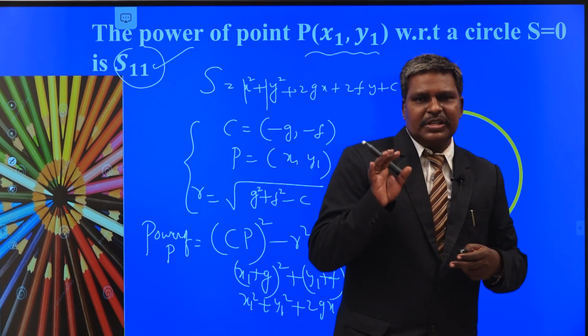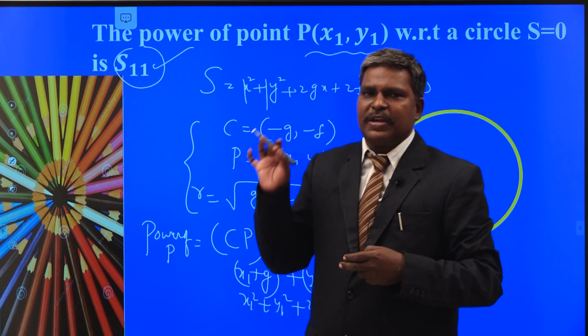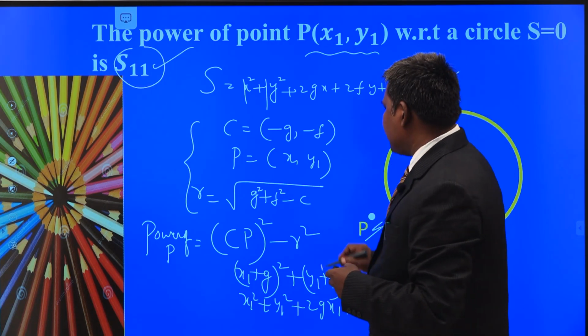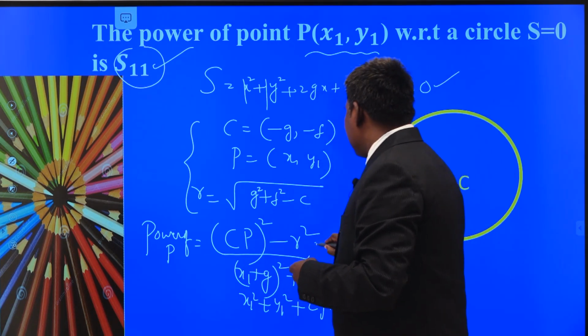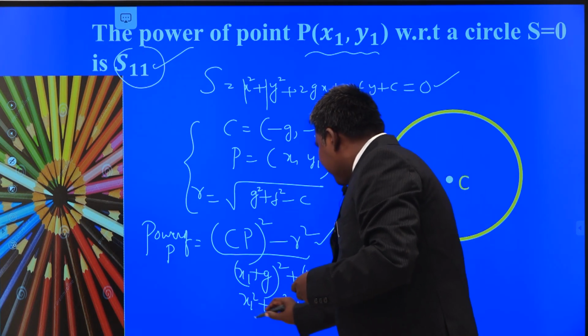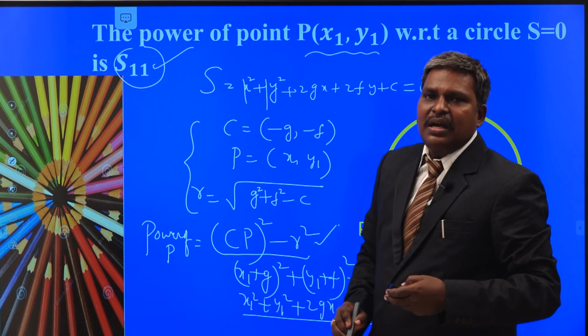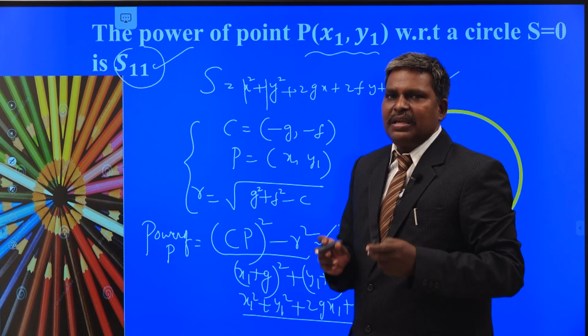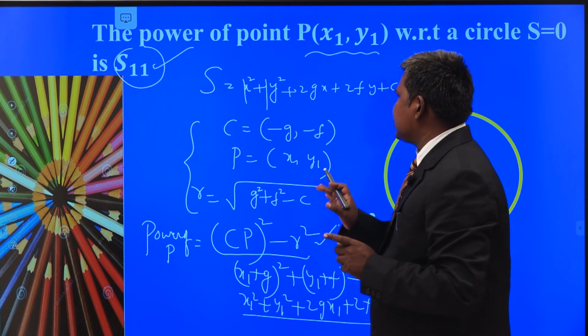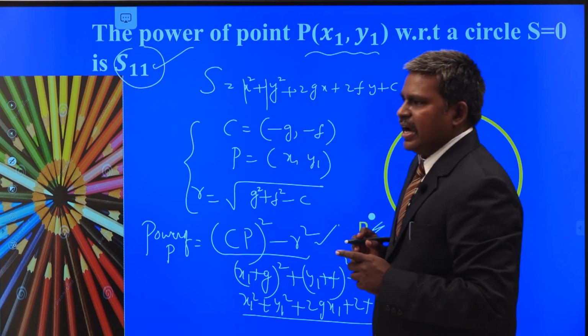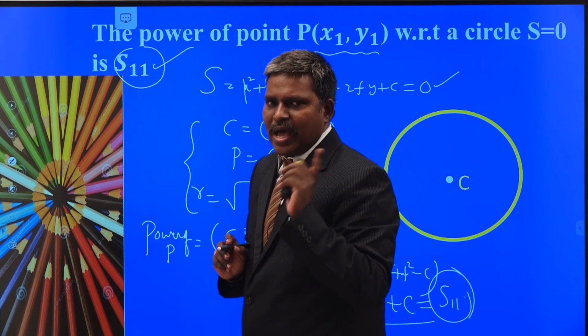That is, x square plus y square plus 2gx plus 2fy plus c. Your notation is in this manner. Then your power is CP square minus R square, which is converted into S11. So when you are writing S11 or root S11, whatever it may be, keep your circle equation in the standard form. That is, you have to make the coefficient of x square and the coefficient of y square as 1.